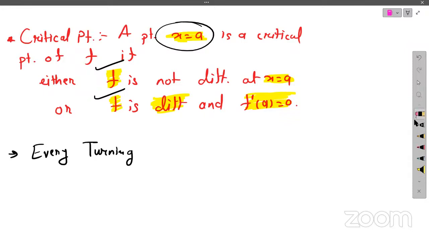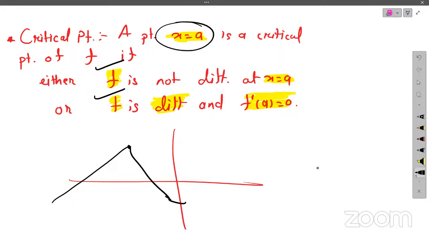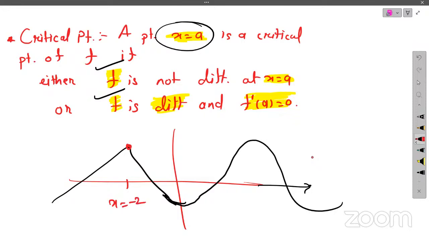For example, I'll give you an example. Again, we just look at the graph. Suppose you have this particular function, and suppose this is smooth. Consider 2 points. Suppose this is x = -2 and suppose this point is x = 5.